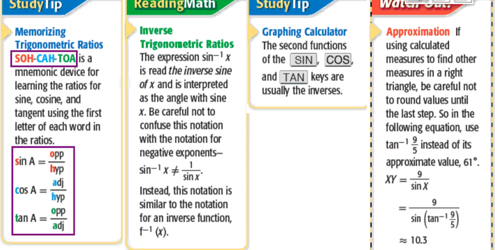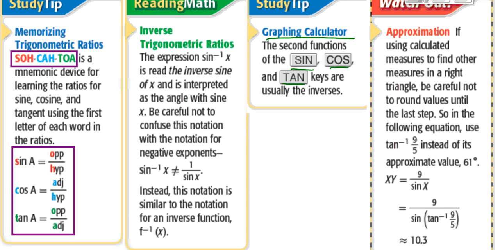Then on graphing calculators, and most of the calculators, I think I've checked many of your calculators already, the second functions of sine, cosine, and tangent are usually the inverse. So if you push that second button and then sine, you're finding the inverse sine, so you're finding the angle.